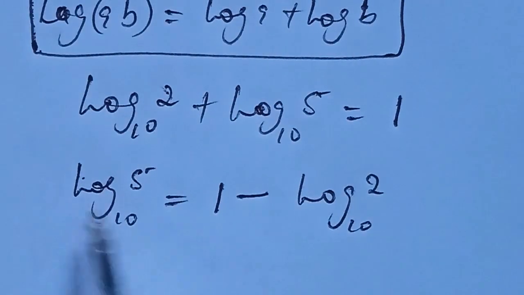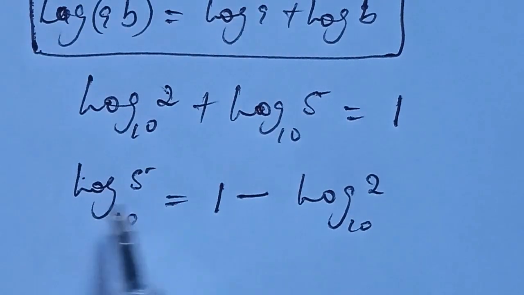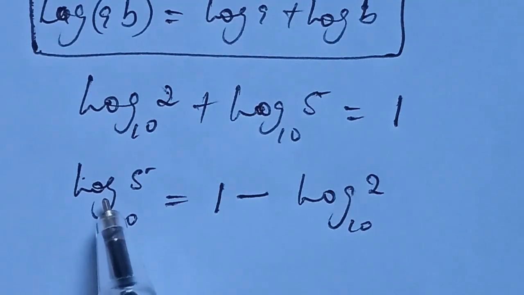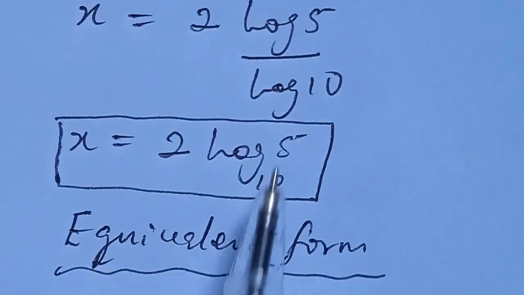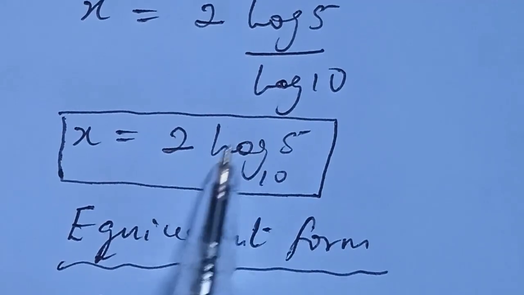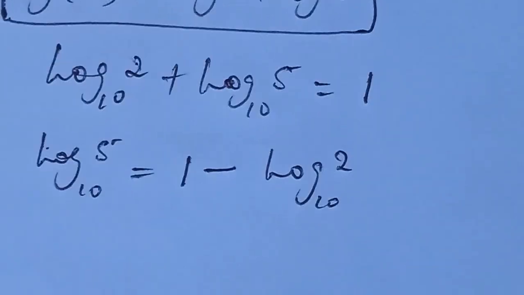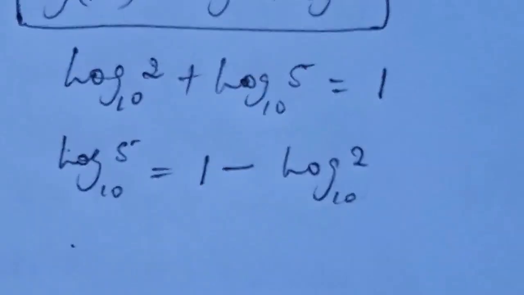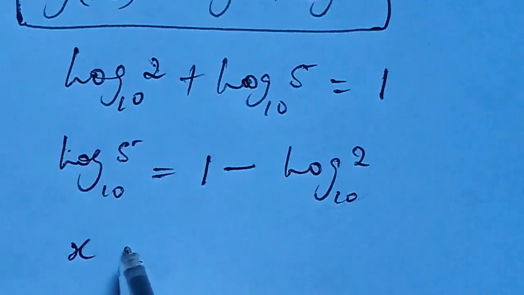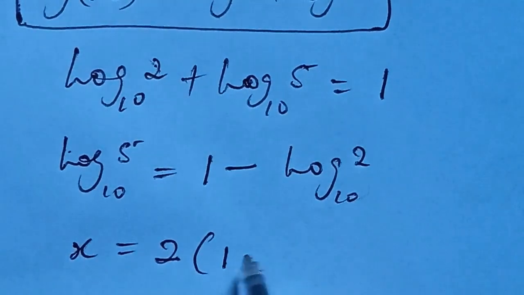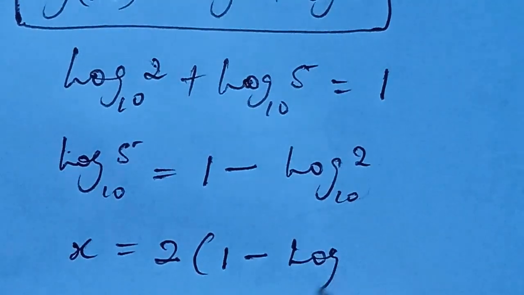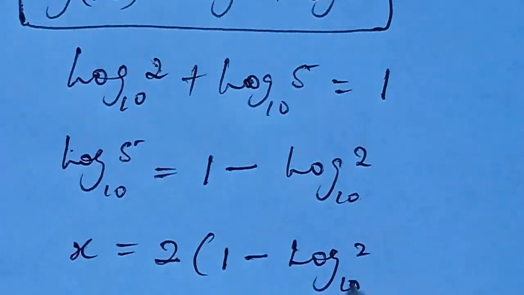So this expression we derive is for the value of x in the previous value of x. So log 5 base 10 can be seen from our previous value of x over here. Where we have this, we can now substitute this into that, which implies x that we got previously will now be equal to 2 into 1 minus log 2 base 10.